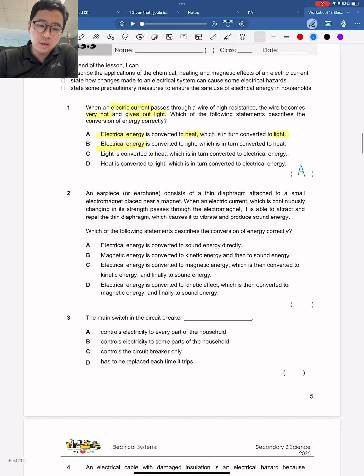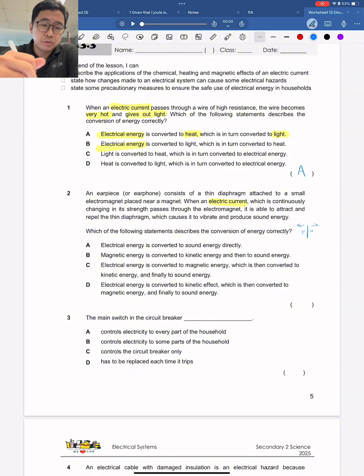Next, an earpiece contains a thin diaphragm attached to a small electromagnet placed near a magnet. When an electric current which is continuously changing in strength passes through the electromagnet, it is able to attract and repel the thin diaphragm, which causes it to vibrate and produce sound. Your earphone actually has this thin strip which vibrates to the left and to the right, depending on whether it's attracted or repelled. This creates sound.